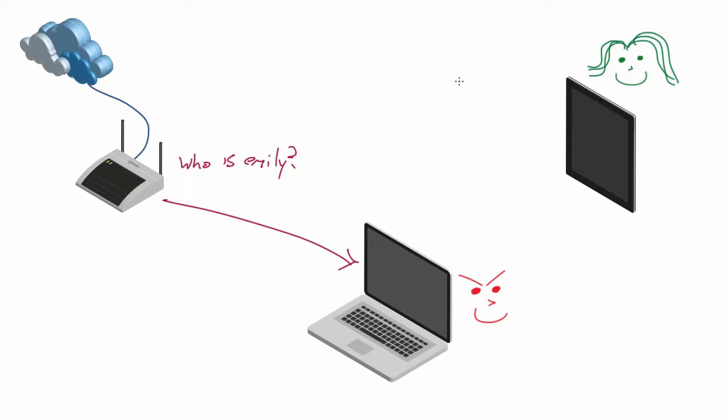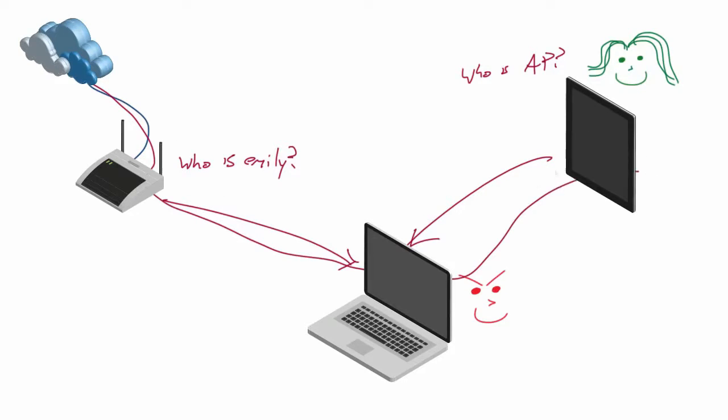And whenever Emily says, okay, I need to send something to the internet, who is the access point? I'm going to say, yep, that's me too. So Emily's going to believe that I'm the access point, and the access point is going to believe that I am Emily, and for most of the traffic I can just send it through.